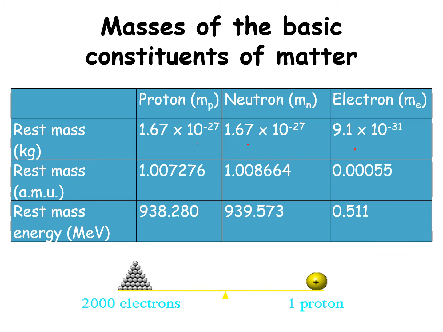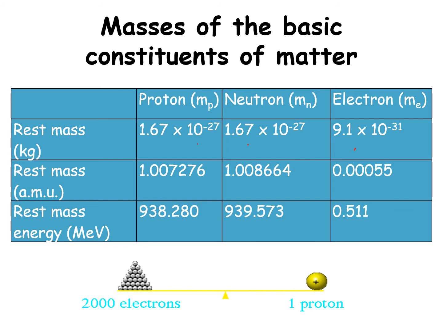Now, in the second row, the rest masses are expressed in AMU, that is atomic mass unit. Here the masses of the proton and the neutron are almost the same up to two digits, that is 1.007276 for the proton and 1.008664 for the neutron, while the rest mass of the electron in AMU is quite less, that is 0.00055.